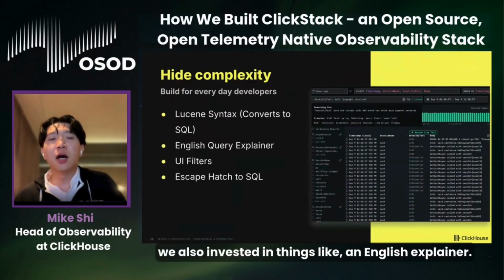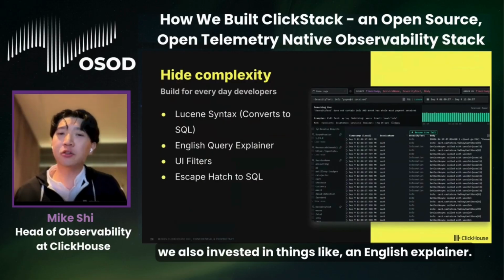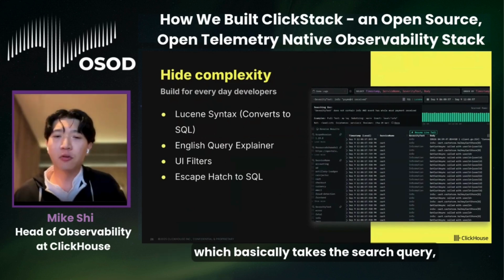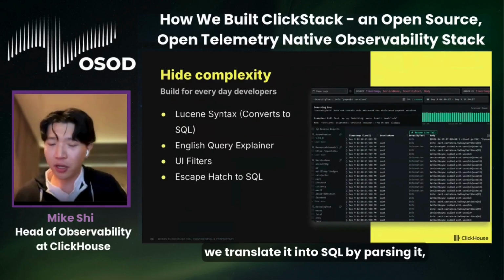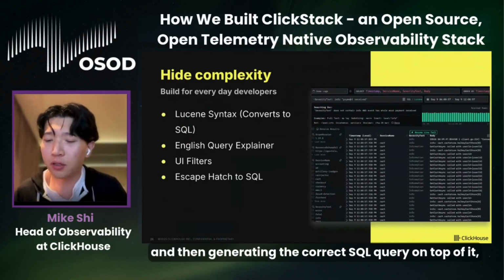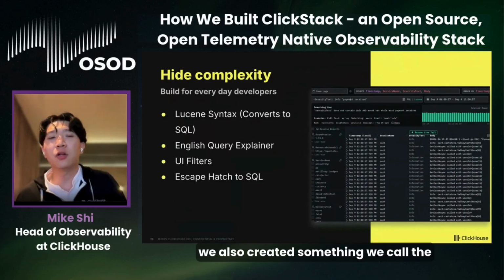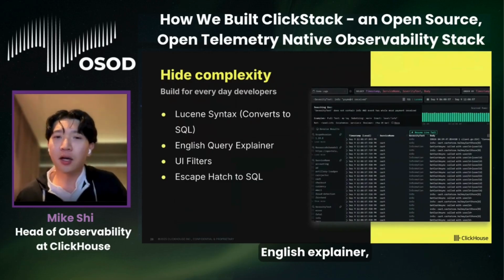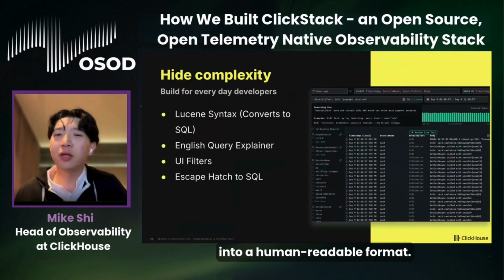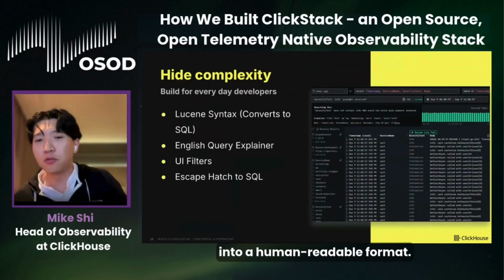And on top of this, we also invested in things like an English explainer. While we created support for Lucene-like syntax, which basically takes the search query, we translate it into SQL by parsing it, then understanding the schema, and then generating the correct SQL query on top of it. We also created something we call the English explainer, which will translate your Lucene query into a human-readable format.